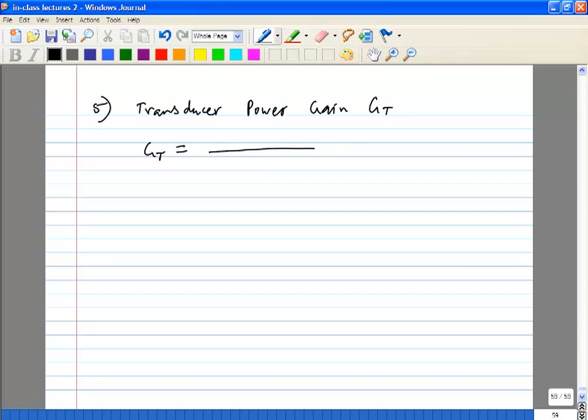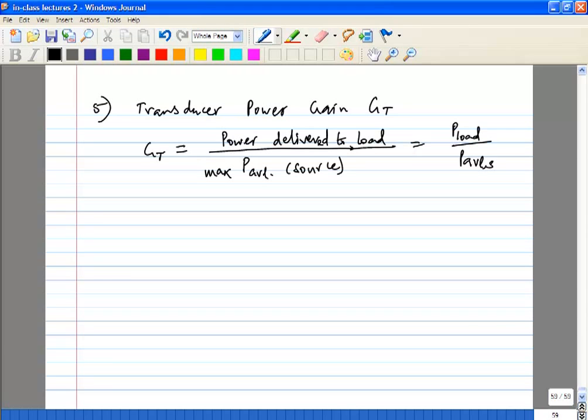And your GT is defined as power delivered to the load over, actually it's the maximum power available from the source. So we'll call this P load over P available S. We already know what P available S is, we've calculated this before.